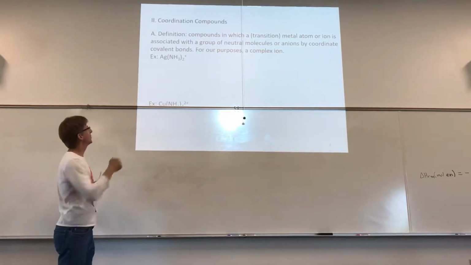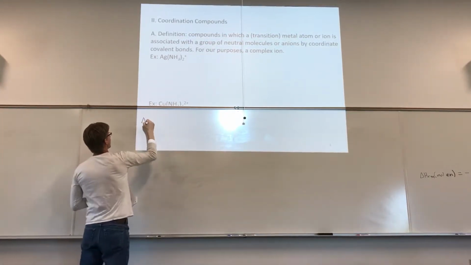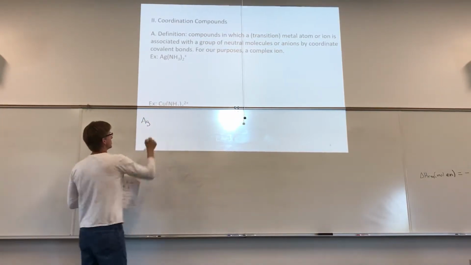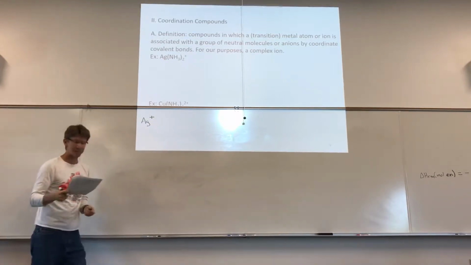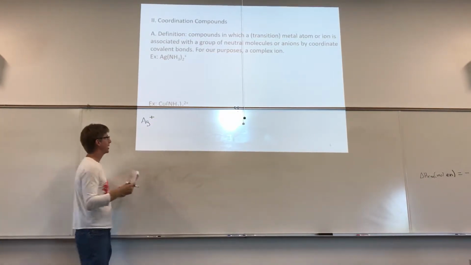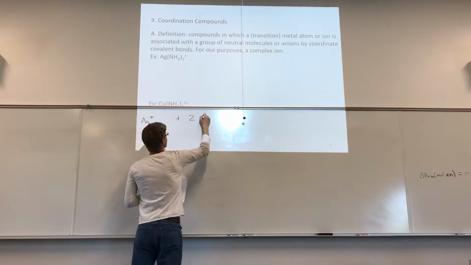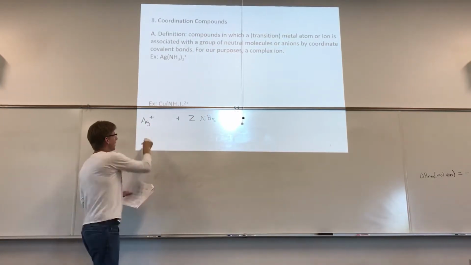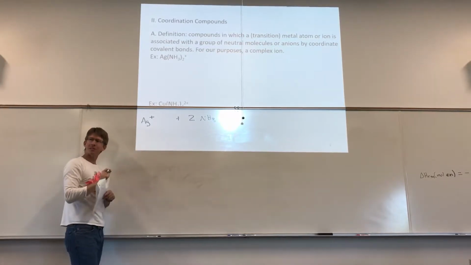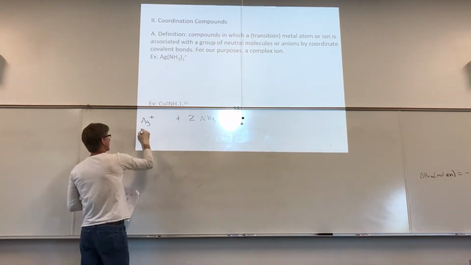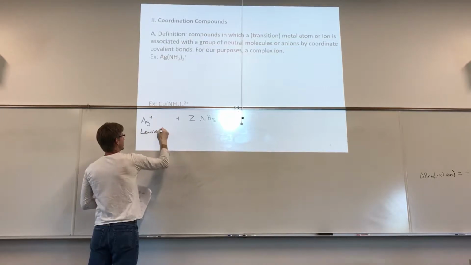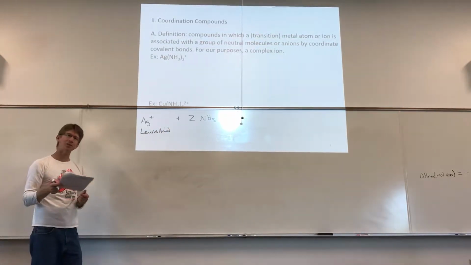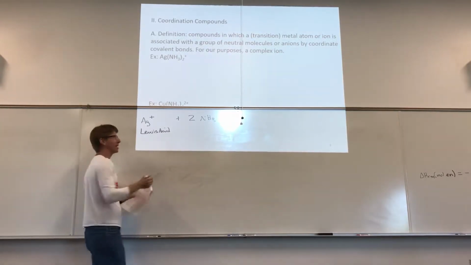Now, I'm going to be talking about the silver up there. The way that complex forms is you take a silver ion plus two ammonia molecules. The silver ion, if you'll remember, will be something called a Lewis acid. We talked about that a bit last semester. The Lewis acid, the definition was that a Lewis acid accepts an electron pair.